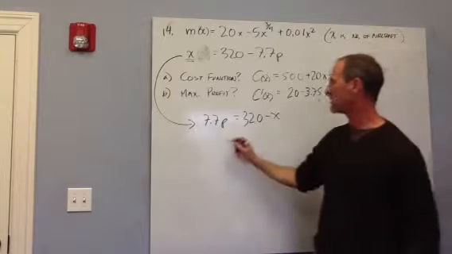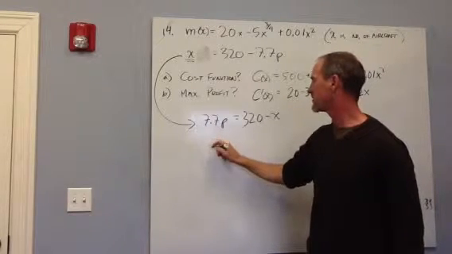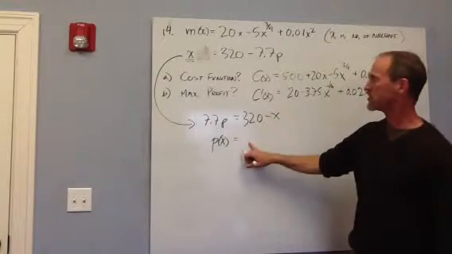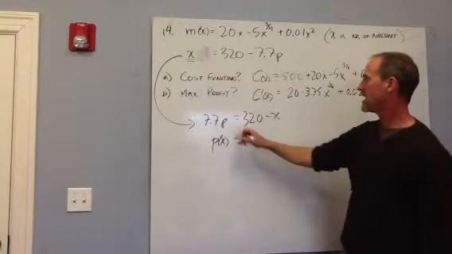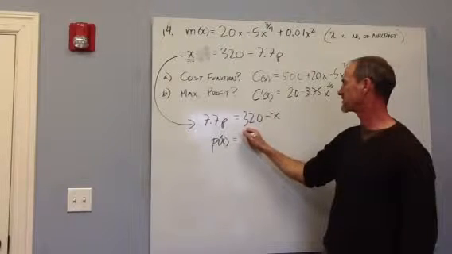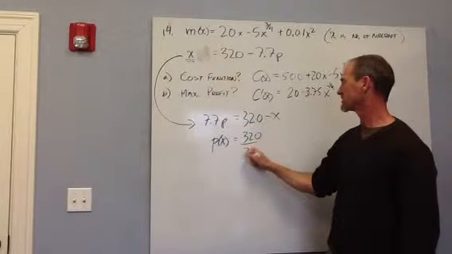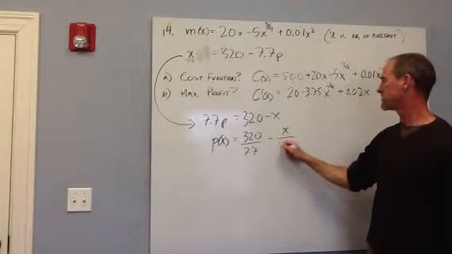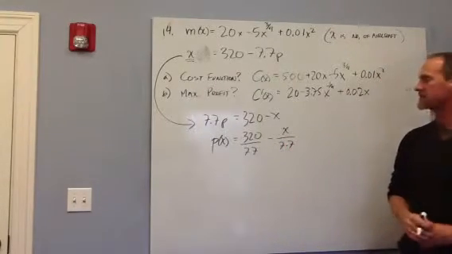But I need p alone, so p is going to be, now in terms of our variable x, so we can put it back into function notation like that. If I divide by 7.7, it's 320 over 7.7 minus x over 7.7, okay, and that's our demand function.